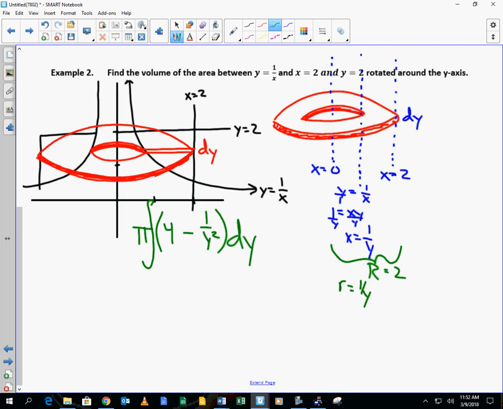All right, so the bounds. Well, I look at my original area, and I'm looking at this region right here. So from your bottom to top. So what's this top portion? Y equals 2. Does anybody know what the bottom portion is? Jill, how do you get 1/2?